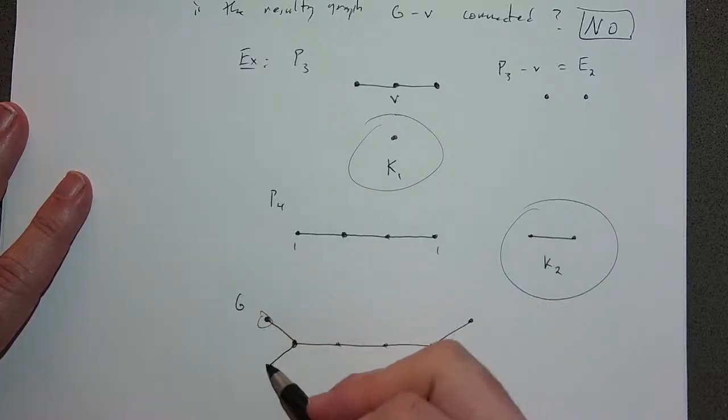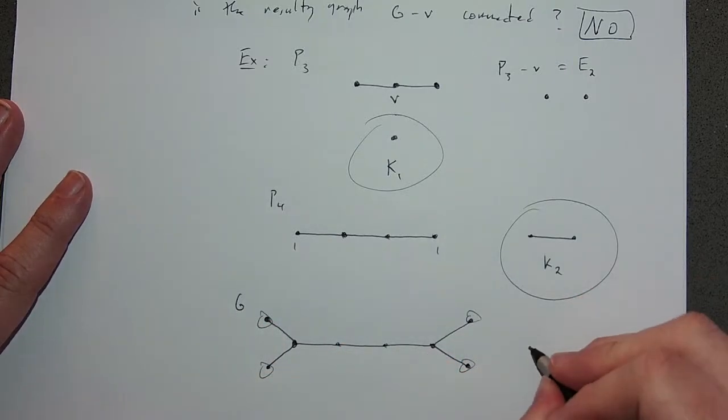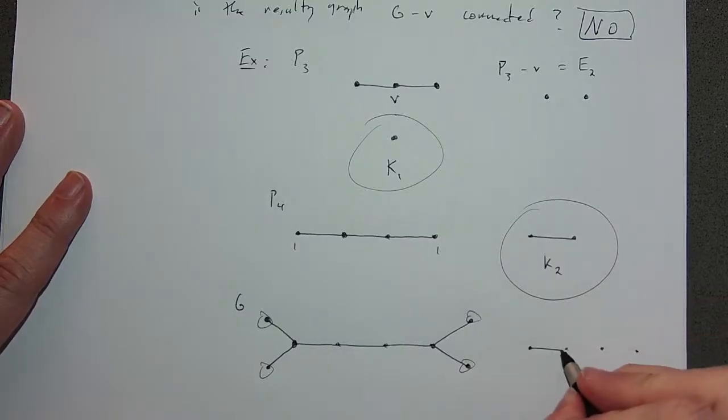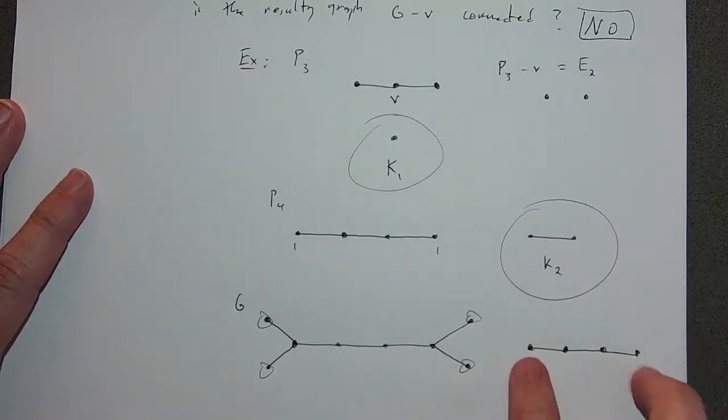Well, they're here, here, here, and here, right? Okay, so those are all the degree 1 vertices. If I delete those, I'm left with P4, the path on 4 vertices. From there, I can delete these 2 leaves, and I'm left with K2.